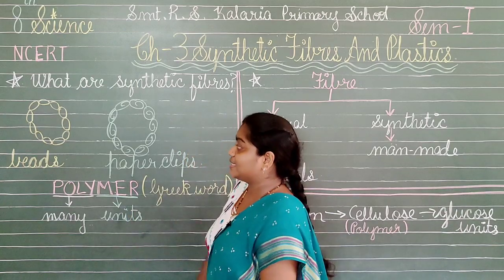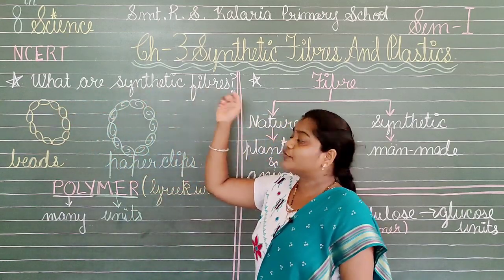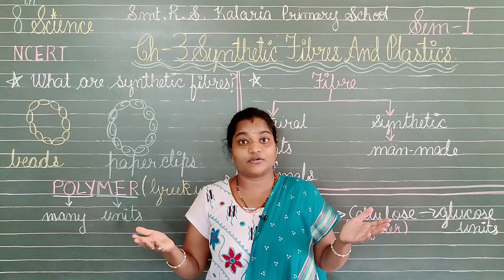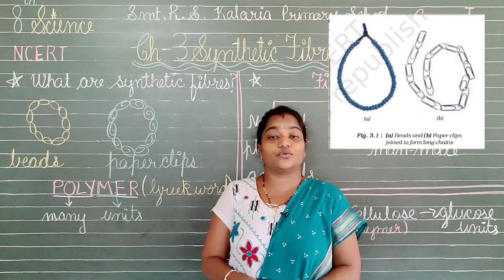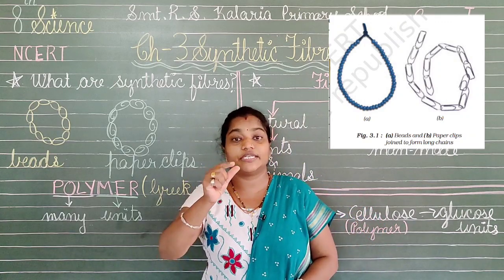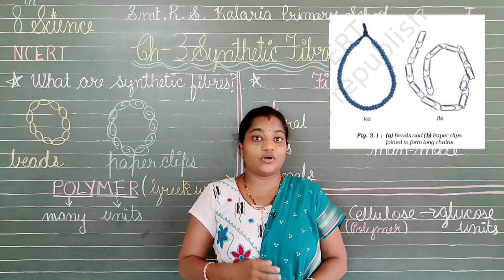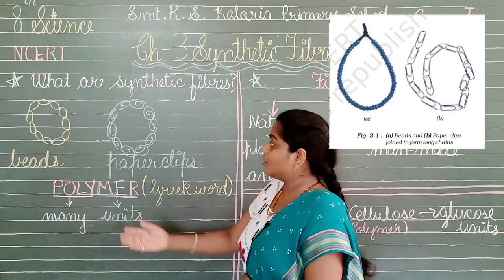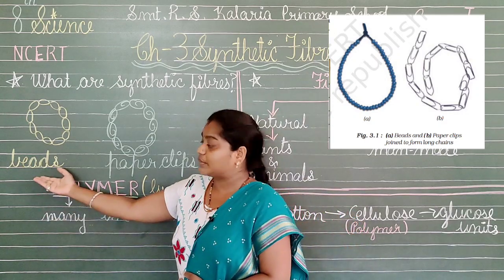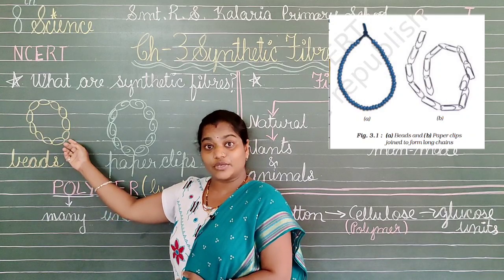Now the question that arises here is, what are synthetic fibers? Because we are aware of only the natural fibers. Now the synthetic fibers are also made with small units merged together. So how does this work? Let us see a view of that. As we can see over here, there are some beads which are combined together.